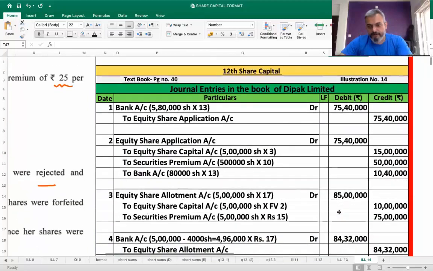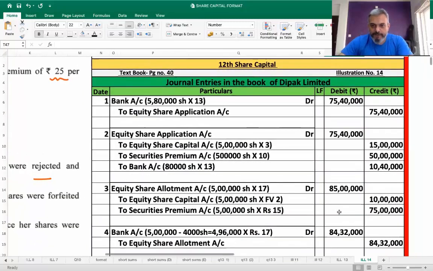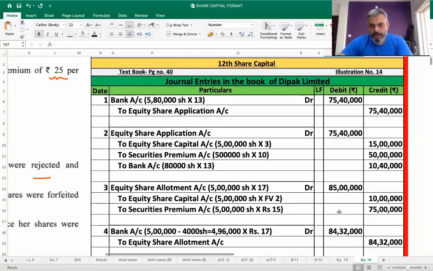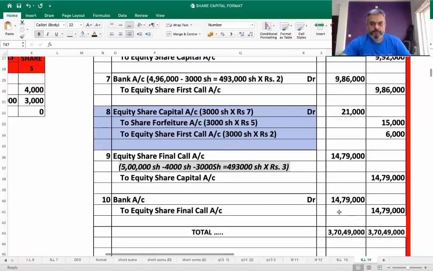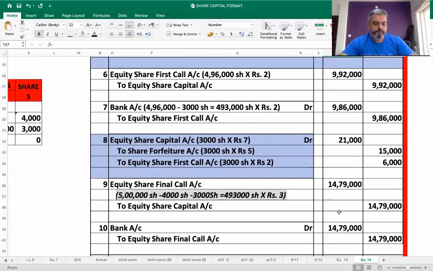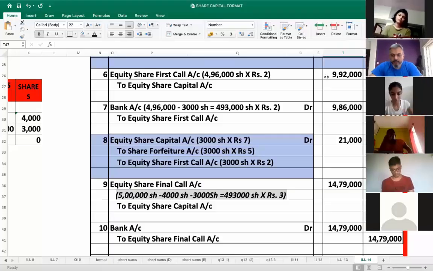Now here we have learned forfeiture of partly called up shares. Now in homework, I have given you 3 sums like this from the textbook.